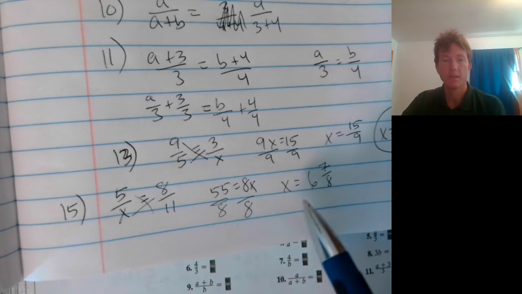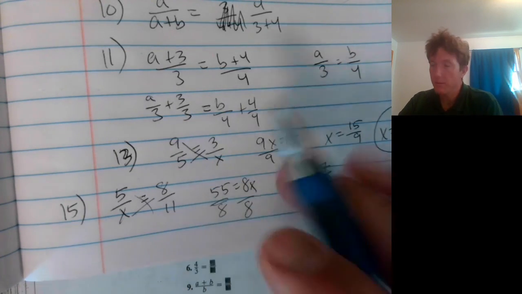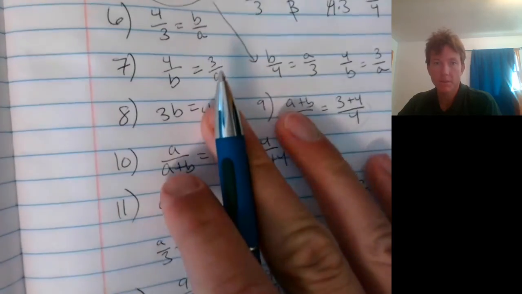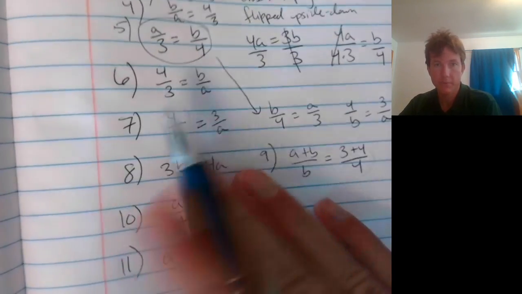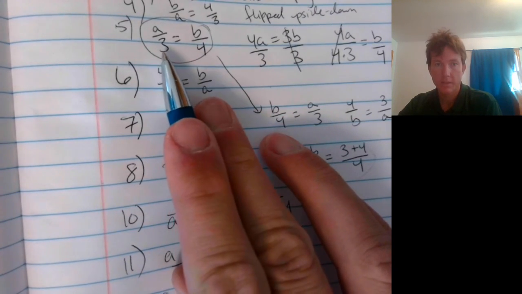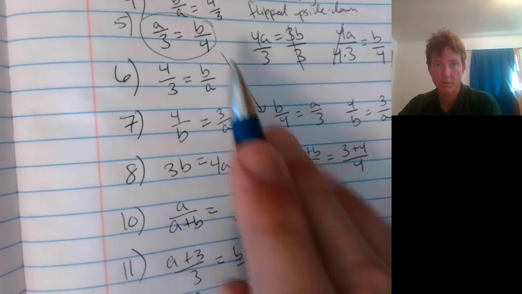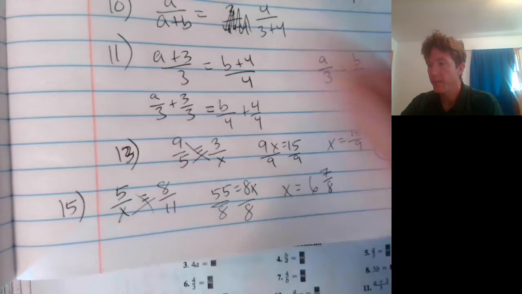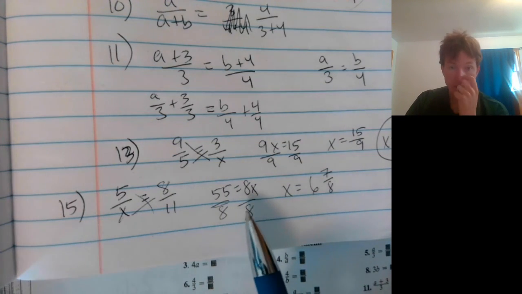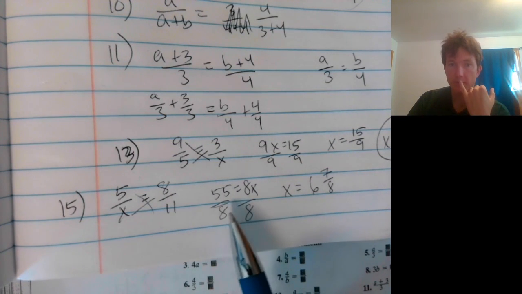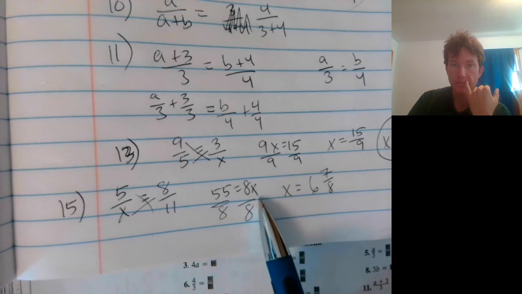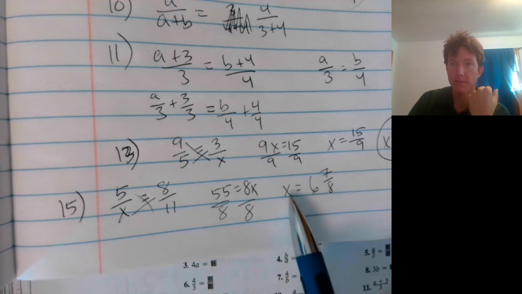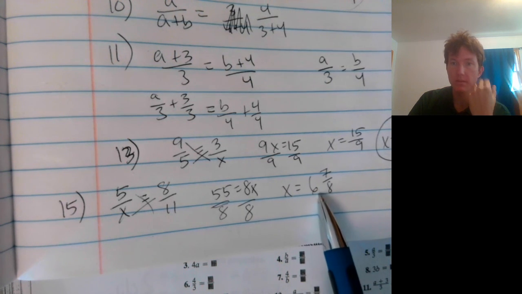Alright. So notice I did that up here. Sometimes we flip the side. So like right here, I did a over 3, I put it on the right side, and I put the b over 4 on the left side. I did the same thing here. I just said that 55 equals 8x, and then I did the division and I put the x on the left side and the number on the right. That's totally fine.